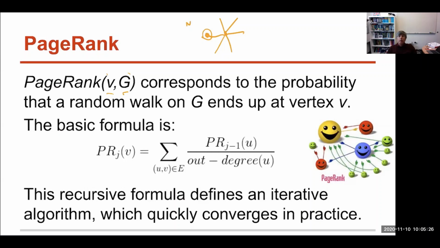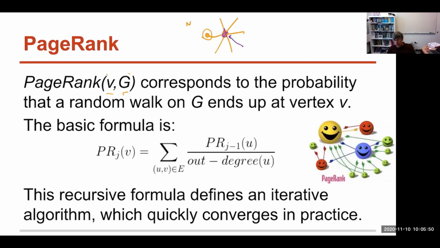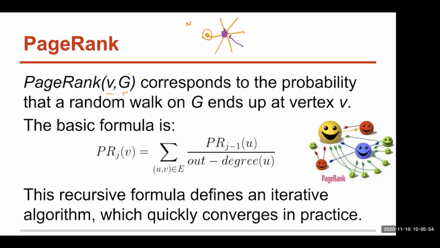Okay. Maybe it's not so clear. What if I take a random walk on the graph? What is the probability that I will end up on the center of the star? If I'm taking a random walk from any place, and I randomly start someplace and I take random walks and then I suddenly say stop, what is the likelihood that I am going to end up at the center of the star? 50%.